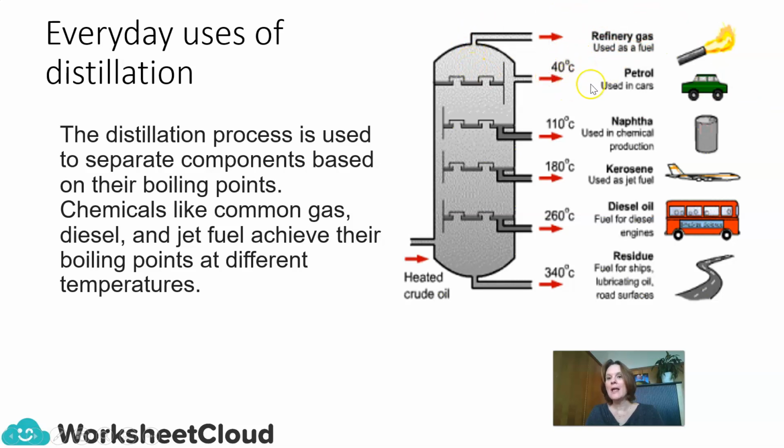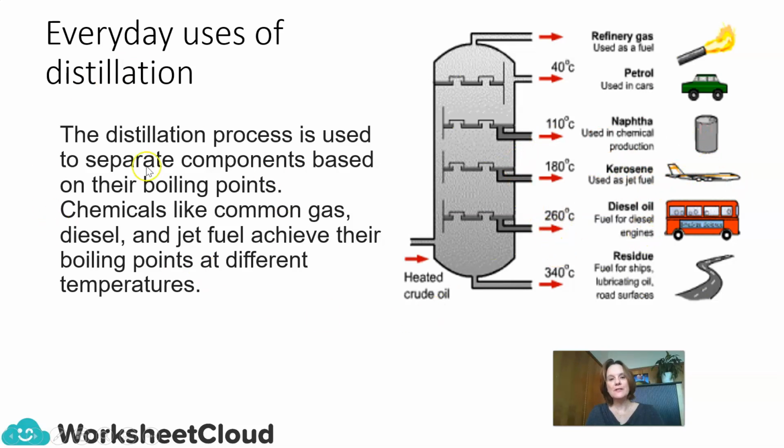So for example, at 40 degrees, we get petrol for our cars. At 110 degrees, we get a special chemical, I don't know how to pronounce it, in Panthe. At 180 degrees, we get kerosene, which is used for jet fuel. At 280 degrees, we get diesel oil.